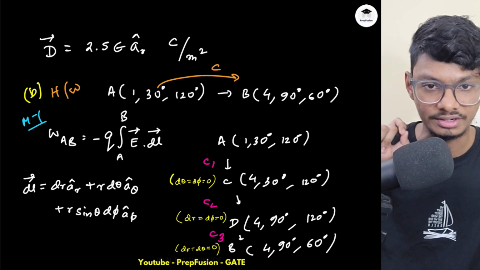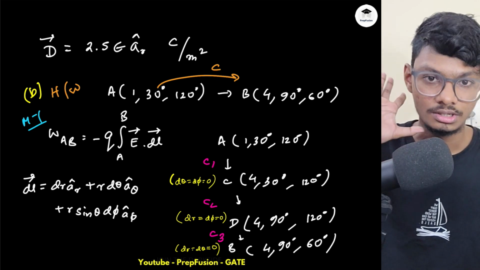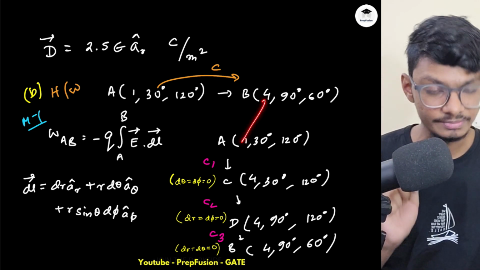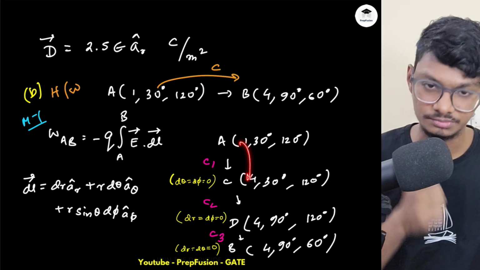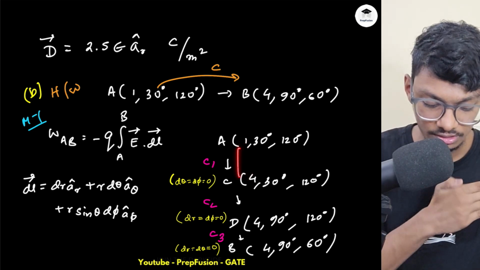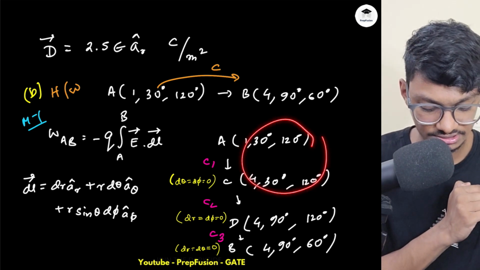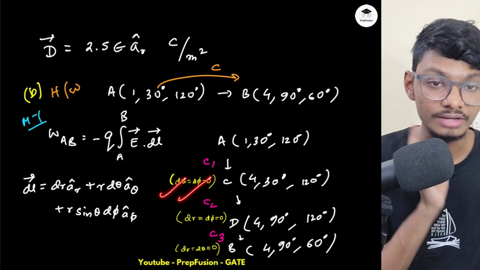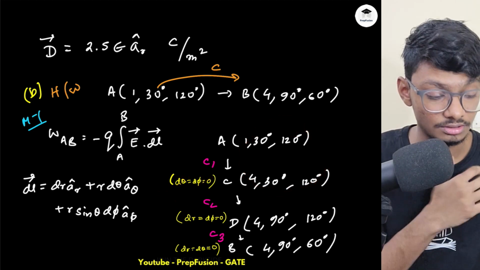As I am in the spherical coordinate system, I will only talk about spherical coordinates. In C1, only R is changing, nothing else is changing, so my d theta and d phi become 0.